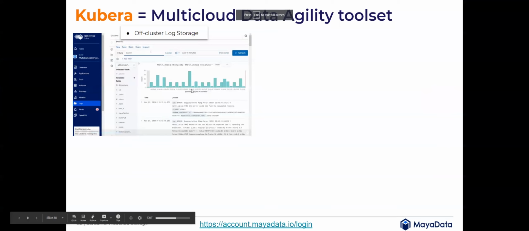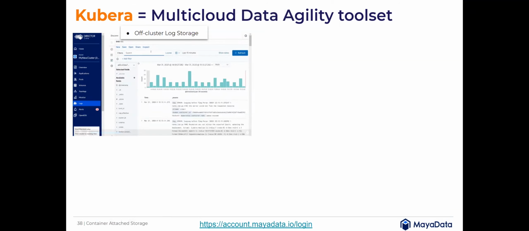So some of the other functionality you get with Kubera, one thing, well, friends don't let friends store their logs on the same cluster. Logs are something that you need when things go wrong, or also we use it day to day for predictive analysis of logs in advance.